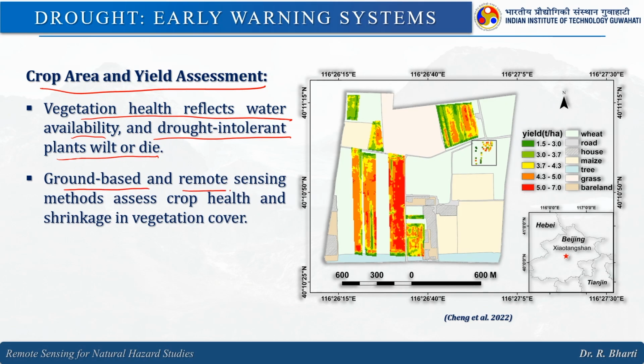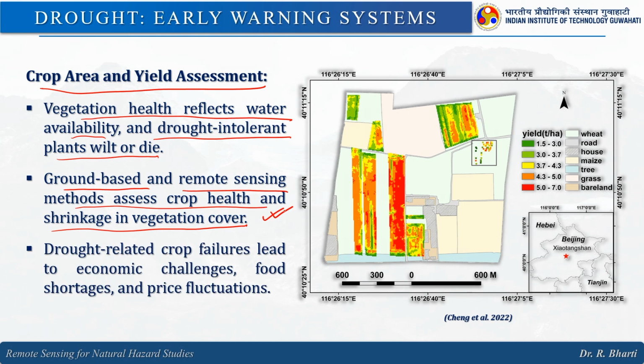Ground based and remote sensing methods assess crop health and shrinkage in vegetation cover, that you can easily do with the remote sensing data set. Drought related crop failures lead to economic challenges, food shortage and price fluctuation. So, this will directly impact our country's economy.